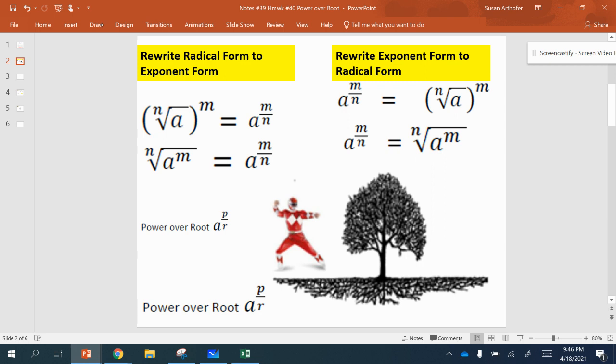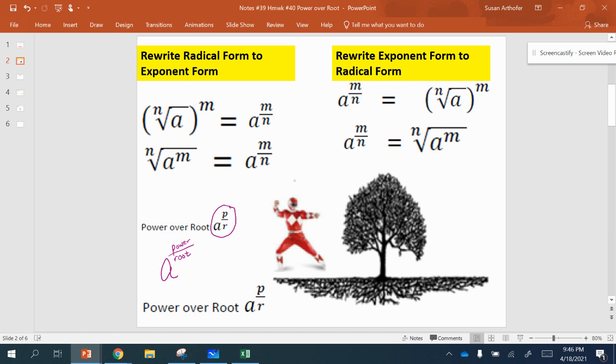You see this little notation, A to the what? Something to the power, the fraction will be power over roots. So try and remember the Power Ranger guy, the P is on top, the power, A to the third power, A to the fifth power, over the root, cubed root, fourth root, fifth root.